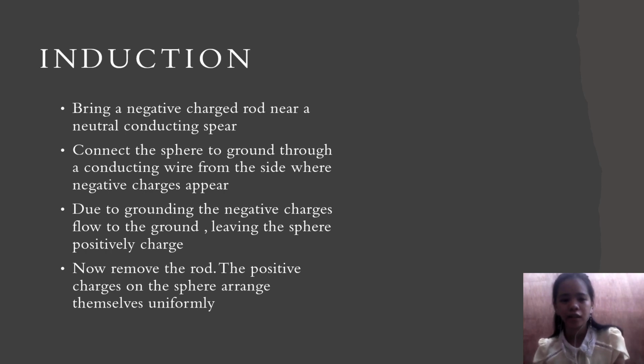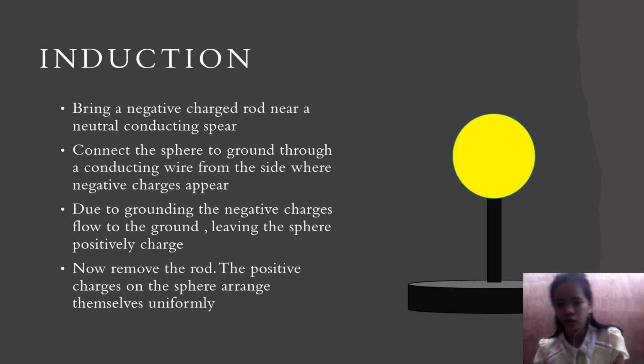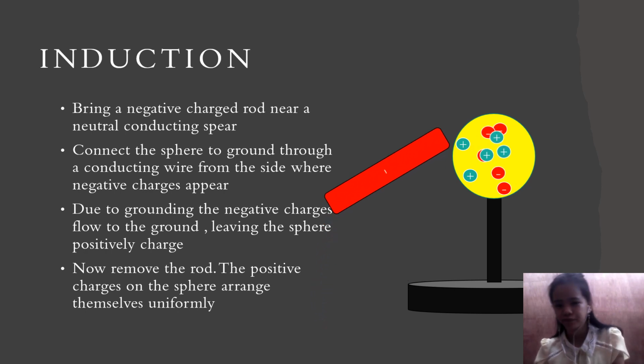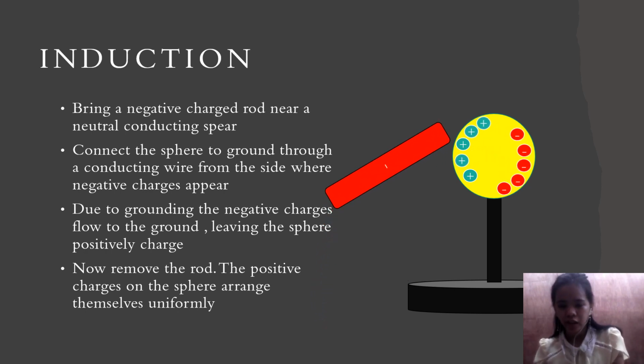So these are the steps on how to do induction. First, bring the negatively charged rod near the sphere. Then, as you can see, it attracts the positive charge because the rod is negative, and the negative charge is repelled because they are the same charges.